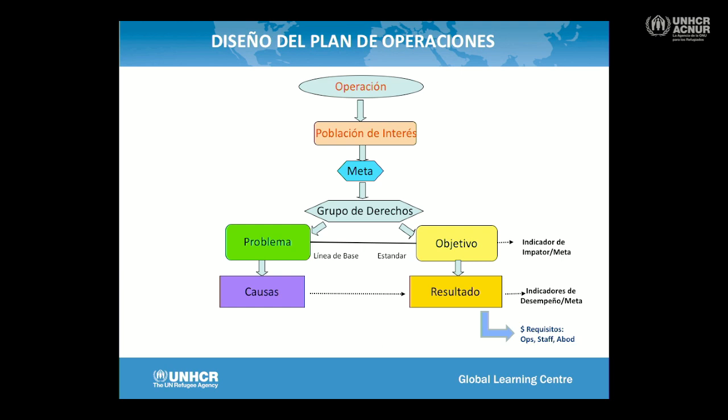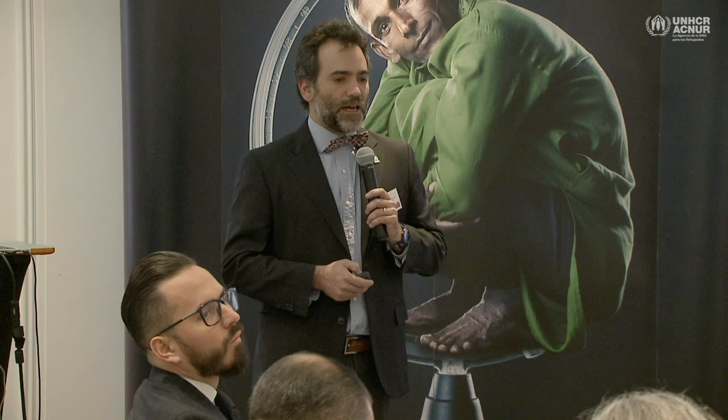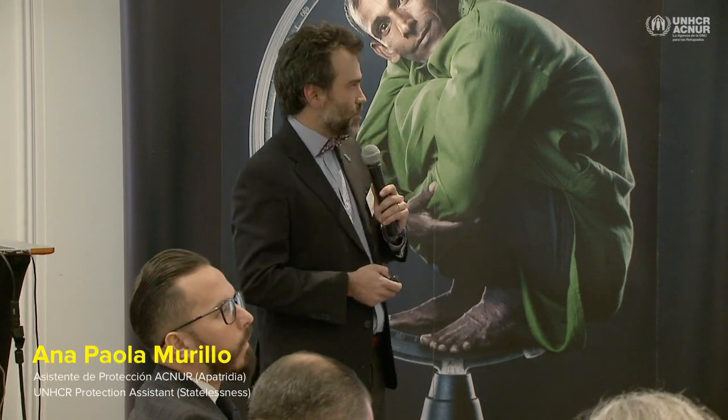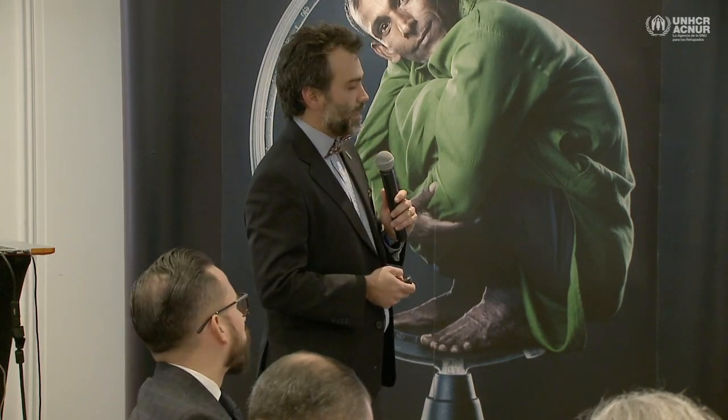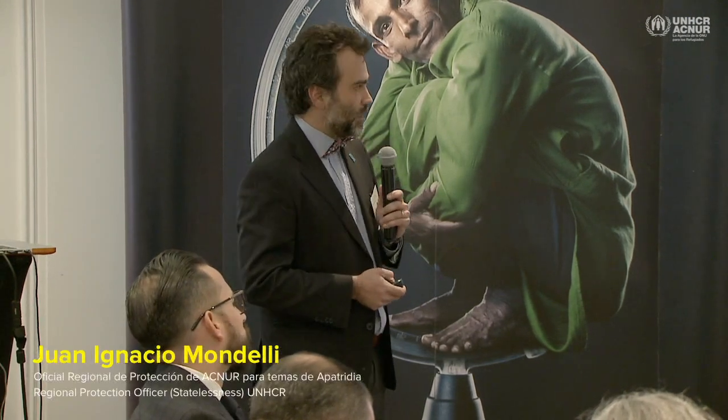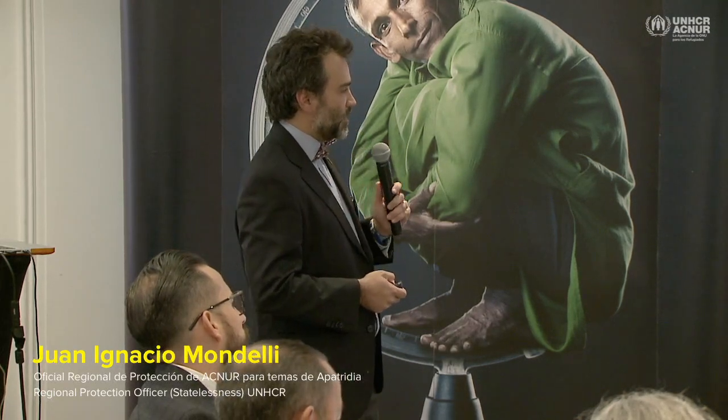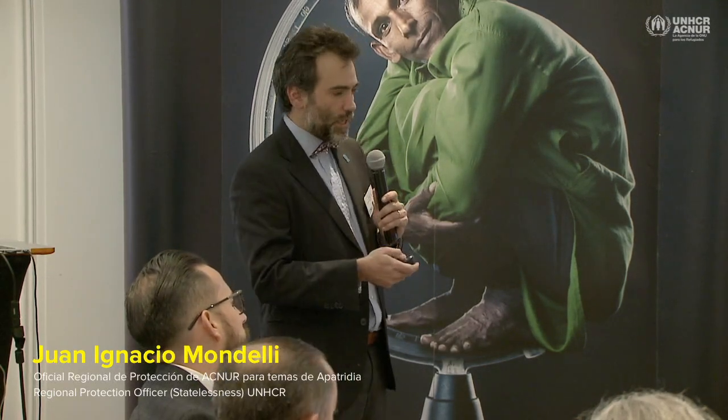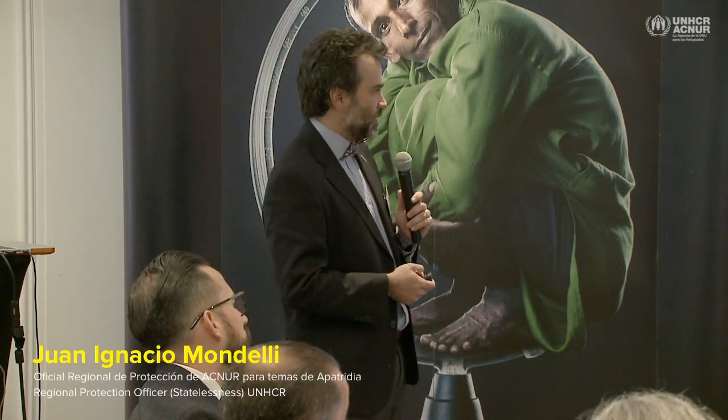The operation defines the targeted population. The targeted population could be the stateless people, the people at risk of statelessness, and the goal in terms of that targeted population. For example, in a national context, when people don't have the documents to give proof of their nationality, maybe the objective here is to confirm the nationality of the people or to reduce the risk of statelessness.